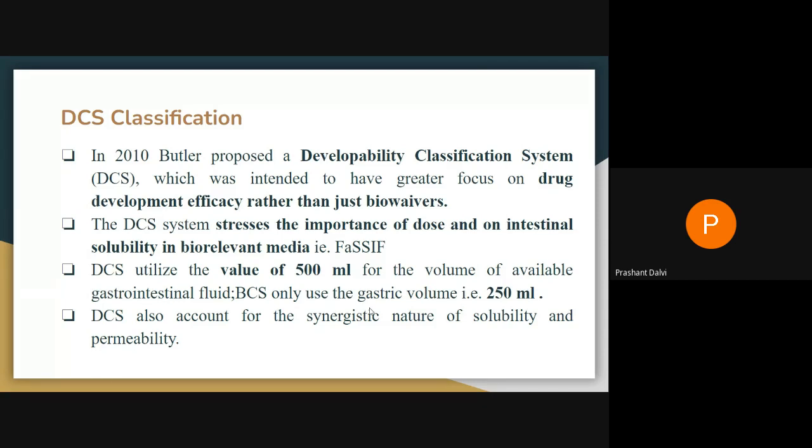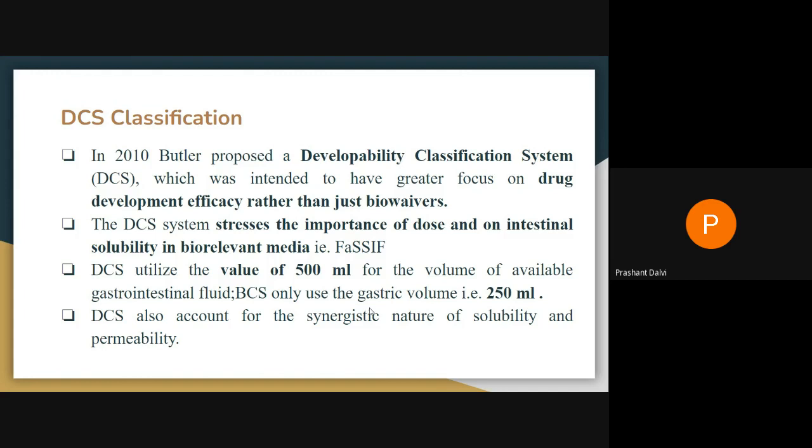But in BCS, to determine the solubility of any drug, they used only 250 ml of gastric fluids: the maximum dose soluble in less than 250 ml. In DCS it utilizes 500 ml, that is, the maximum dose of the drug present in 500 mL. Yes or no? This is the basic difference between these two systems, the DCS and BCS classification systems.